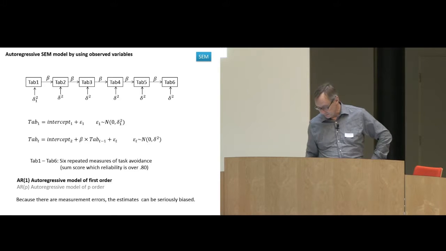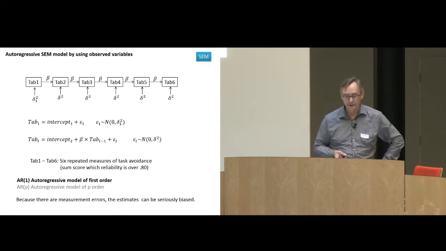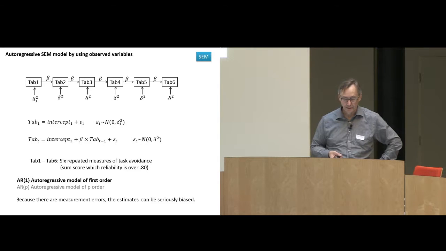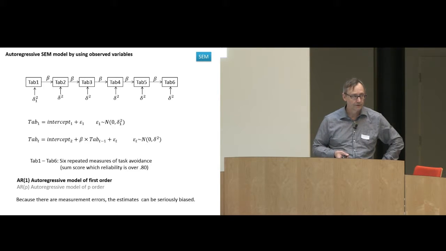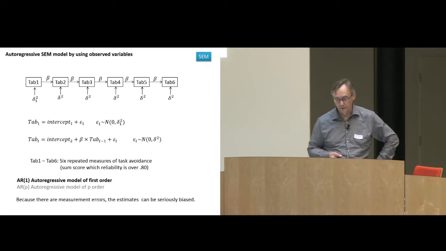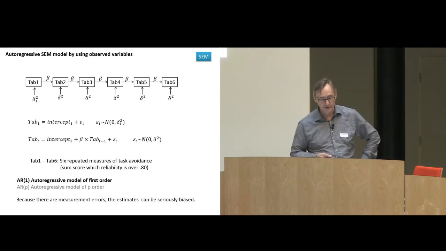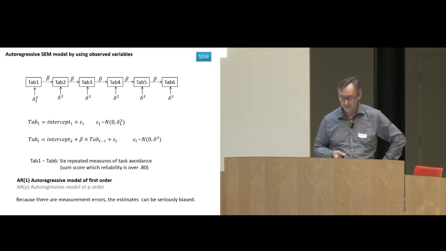The boxes in the figure are observed variables, and when I do that kind of model, you can see that there are two intercepts I must estimate and two variances. One variance is for the first time, and the second variance is for other times.